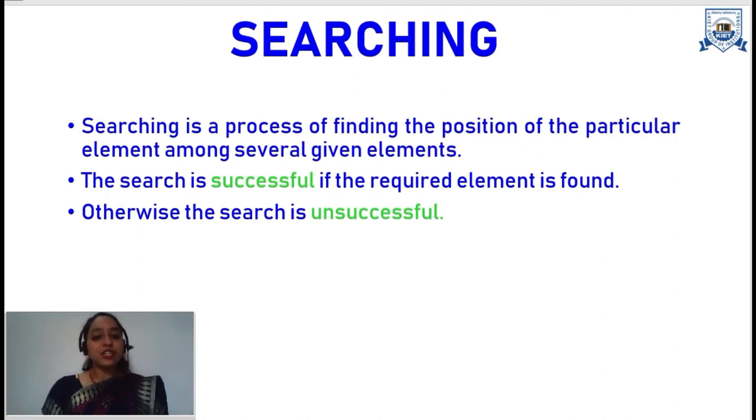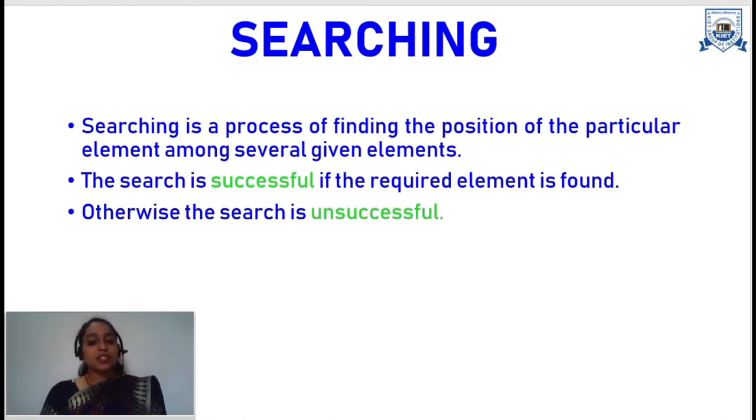So searching is a process of finding the position of a particular element among several given elements, and all these elements are of the same type. Our search will be successful if the element is found, and if the element is not found among the given elements, then the search will be unsuccessful.